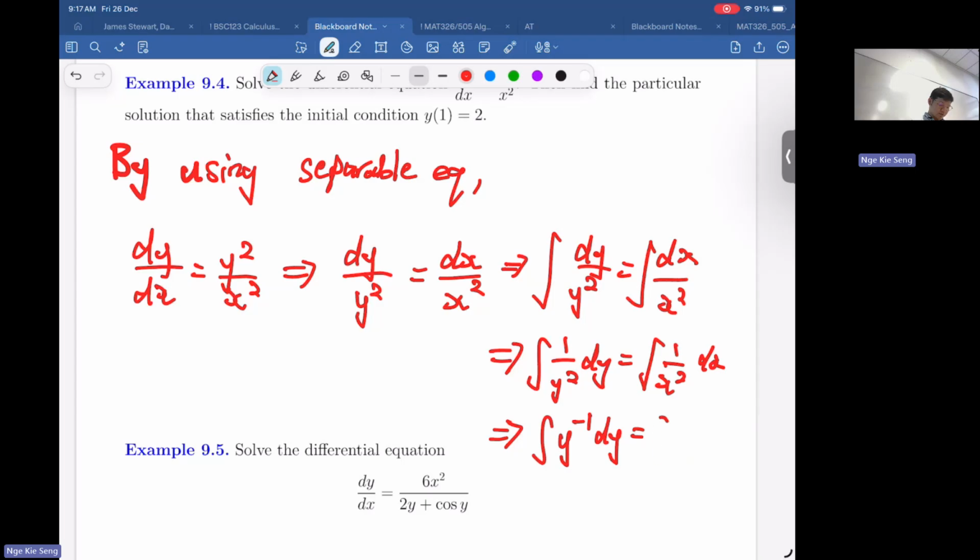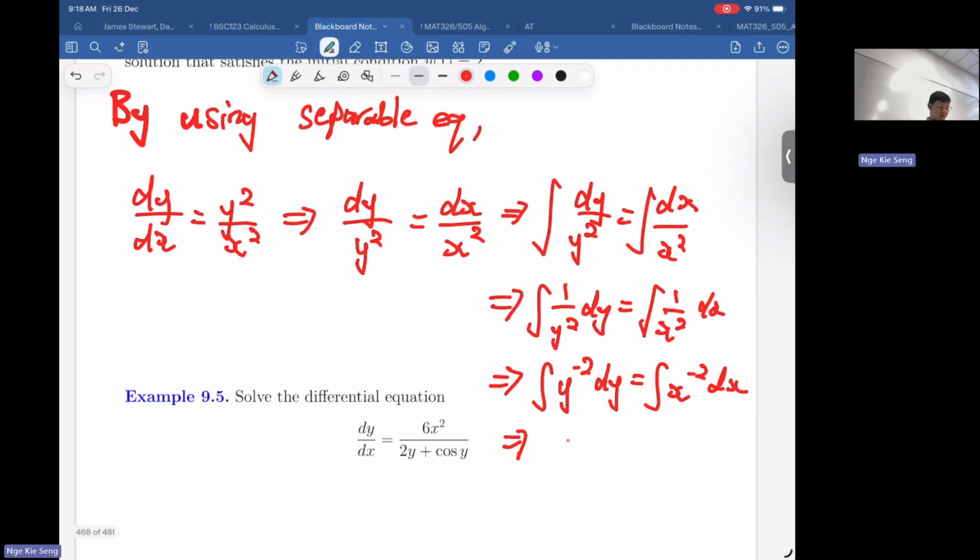I think my solution is wrong in my notes. So let's compute together. Increase by 1, divide by the new power, you should get minus 1 over y. Okay, I think this is more plausible.